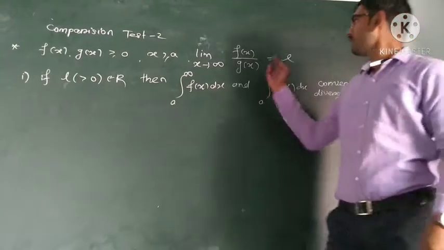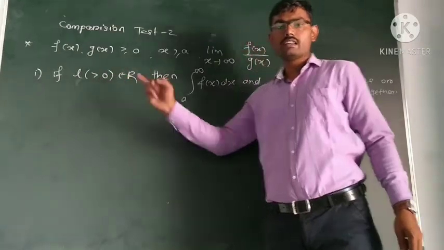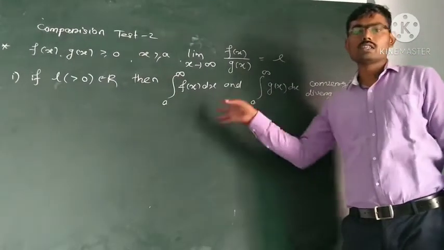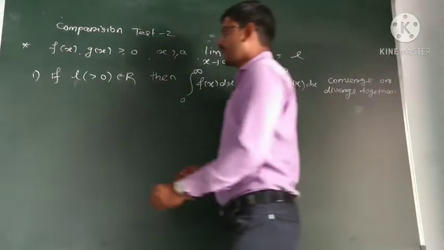If this limit is greater than 0 and a real number, then these two improper integrals converge or diverge together.